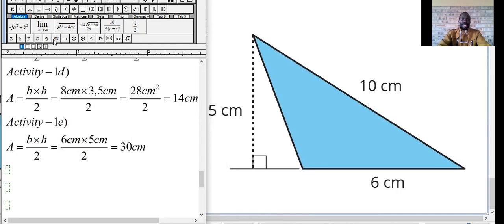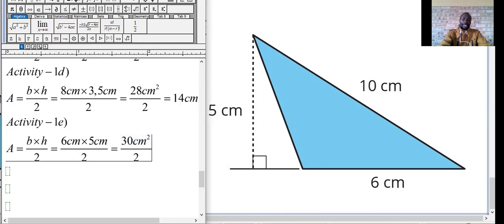This quantity of 30 centimeters squared has to be divided by 2. When we divide this by 2, our final answer is going to be 15 centimeters squared.